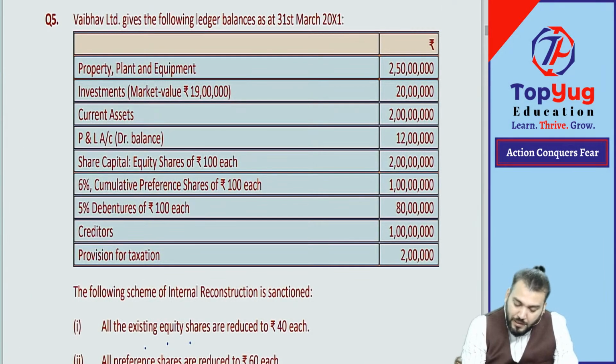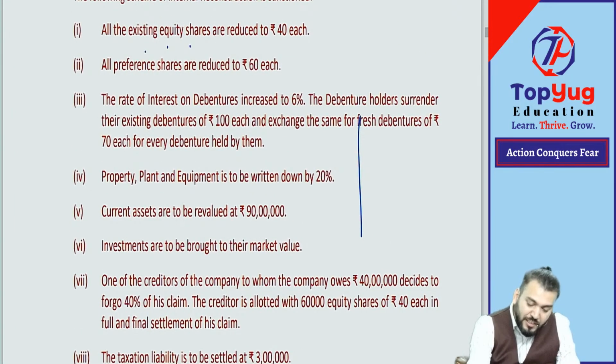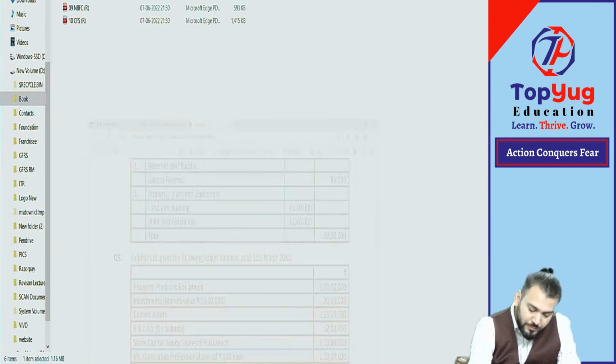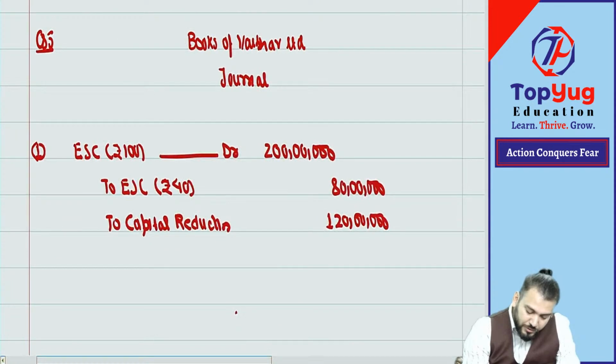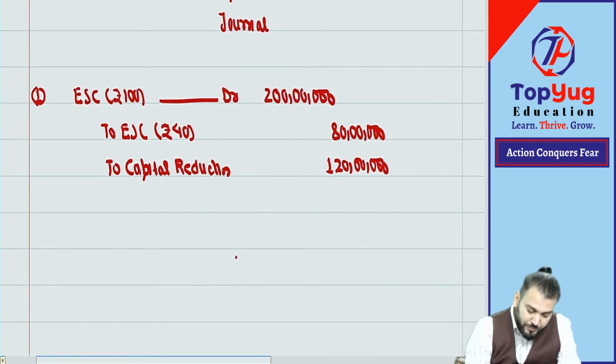Then coming to the next point, what they have given: all preference shares are reduced to 60 each. So it means 100 will become 60. Can you do it? So it is 6% cumulative preference shares.